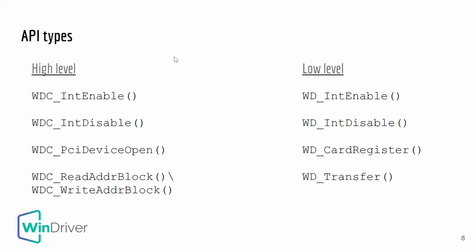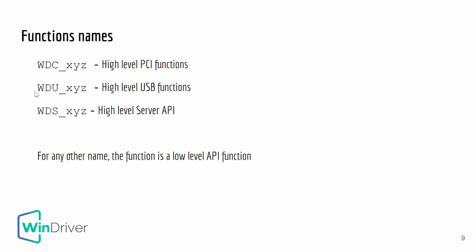We have two types of API, as I mentioned: high level and low level. The high-level APIs look like this, and they are called from user mode. The low-level APIs look like this, with the WD prefix. Every function that starts with WDC is a high-level API of PCI functions.